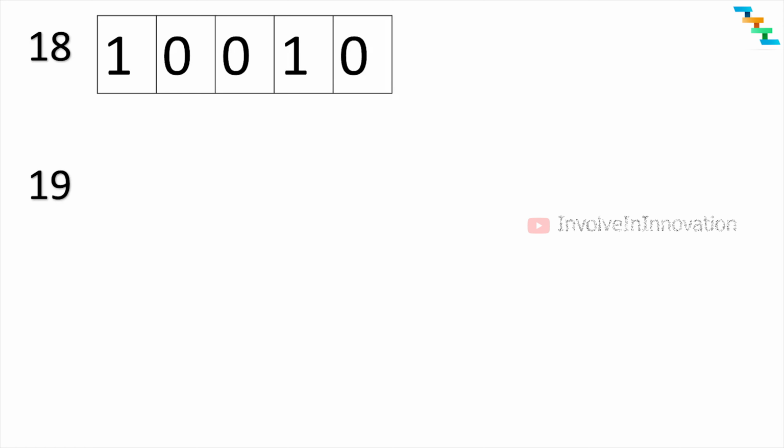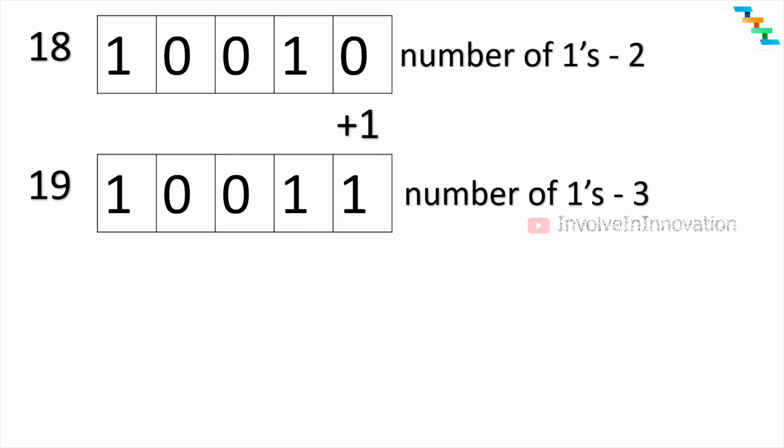In 18, we have 2 ones, and 18 is an even number so the 0th bit is 0. To find the number of ones in 19, we just add 1 to it, which makes 3. So the number of ones present in 19 is 3.